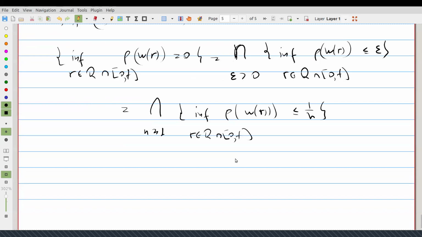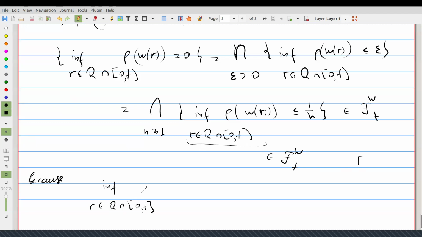Now, this infimum is measurable, I believe, because it is the infimum of rho(W_r).